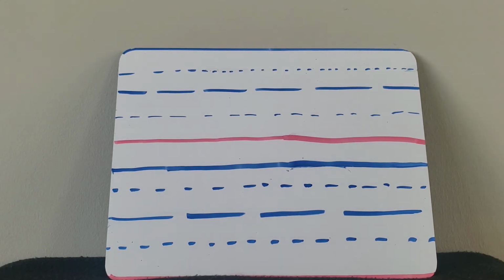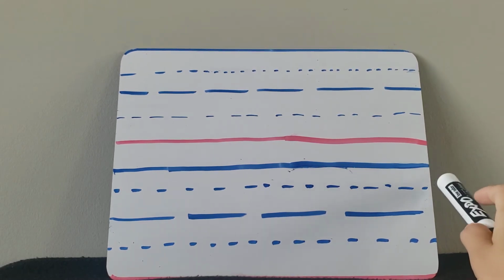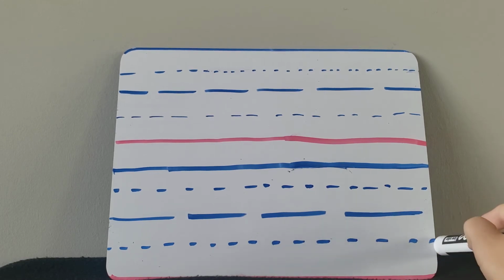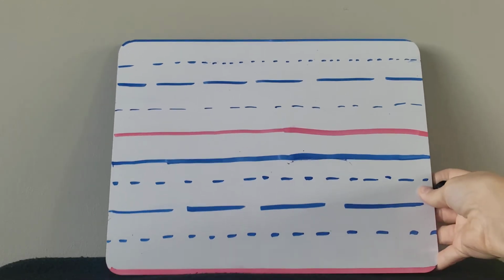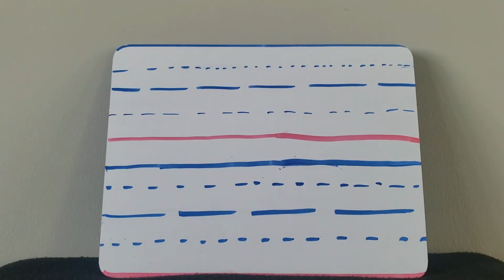Okay, let's go over it again. Roof, or the ceiling, upper line, middle line, lower line, and the red carpet. Okay, so those are the names of our lines.